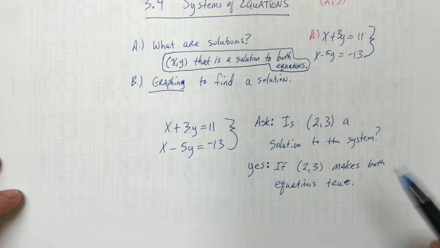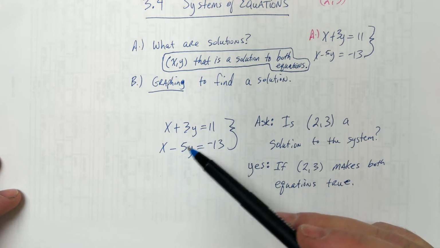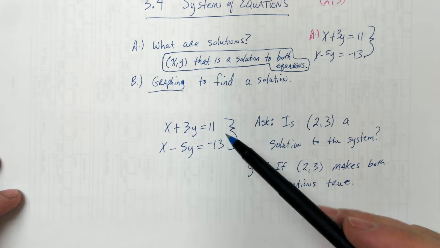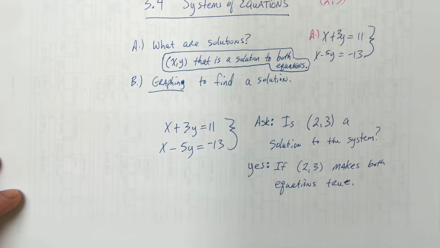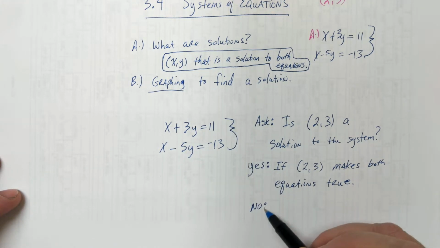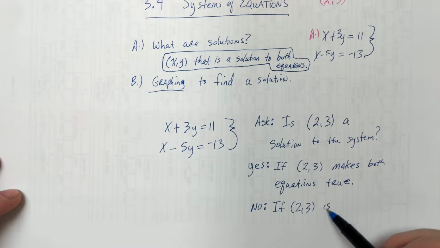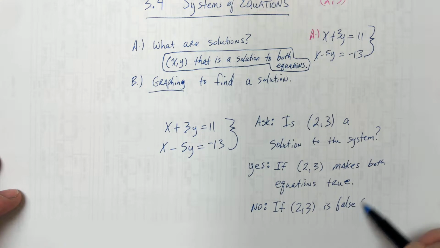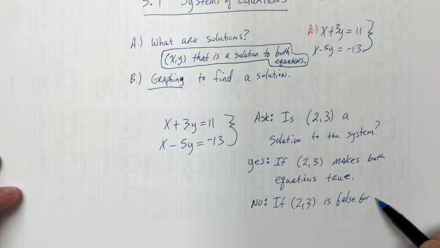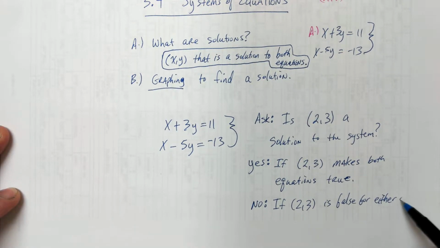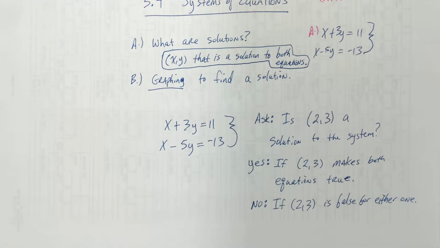If it makes both of these true, so you plug in a 2 and a 3 and it's true for both, then the answer is yes. Your answer is no if it's false for either one.